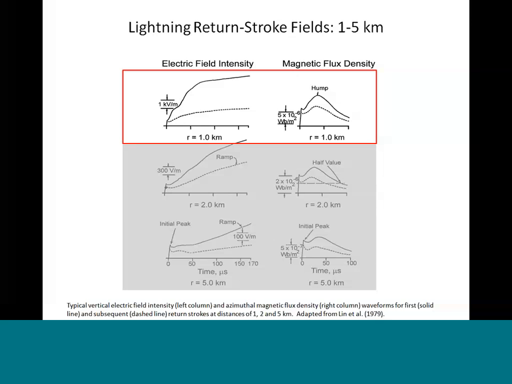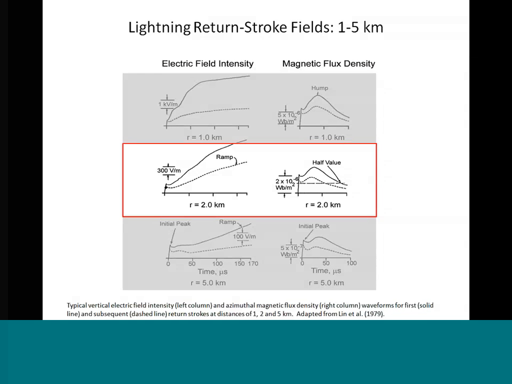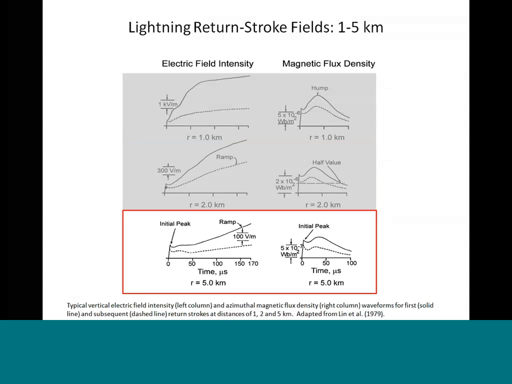And at a distance of 2 kilometers, the ramping phenomenon is decreased, and the hump is also degraded. And at a distance of 5 kilometers, we see that we have a first peak in the electric field, followed by a minimum and also an increasing ramp. And for the magnetic field, we have a first peak followed by a minimum and also by a hump.